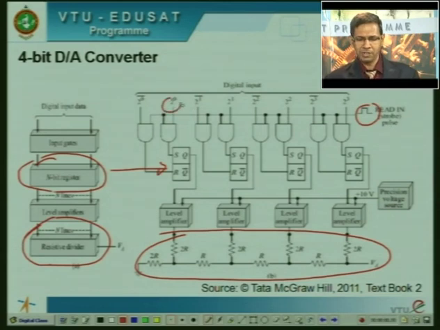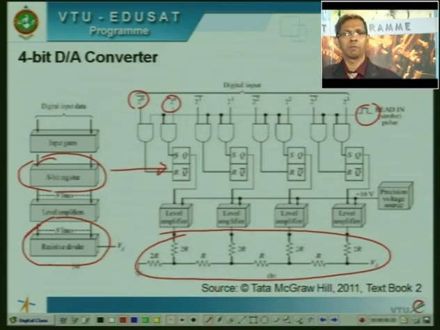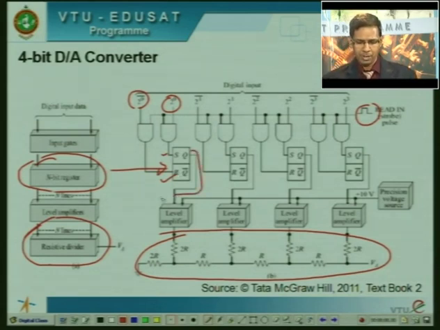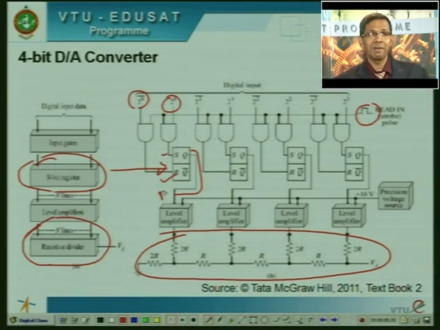You can see here we are using both the true as well as complement of the inputs to have a simple SR flip-flop arrangement. So at any point of time, either S is 1 or R is 1. If S is 1, the output will be 1, and then with the help of level amplifiers. Now, you may ask, why do we require the level amplifiers?